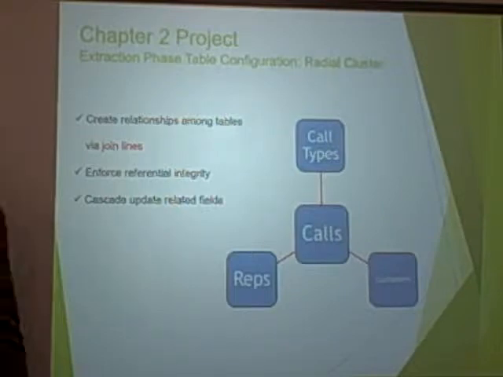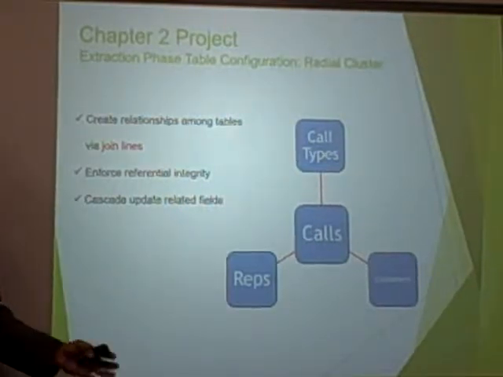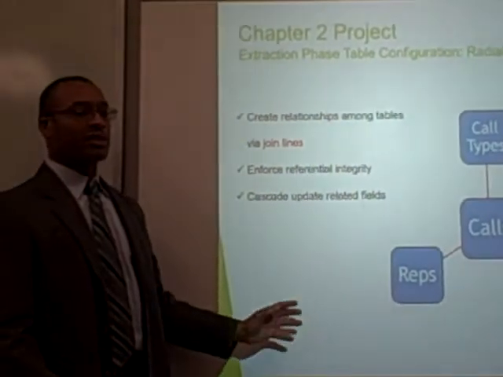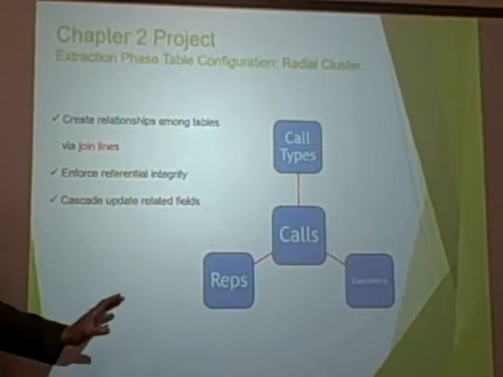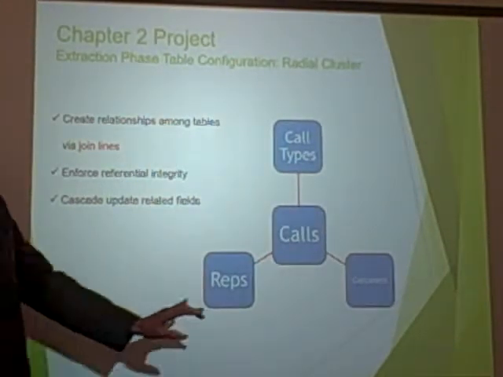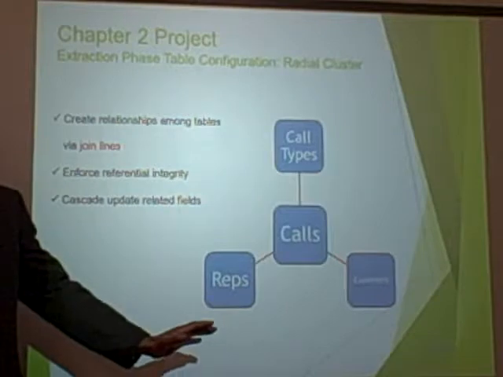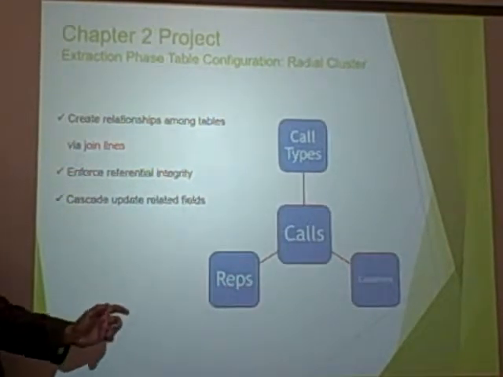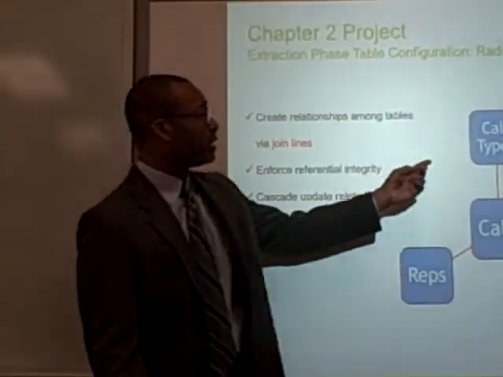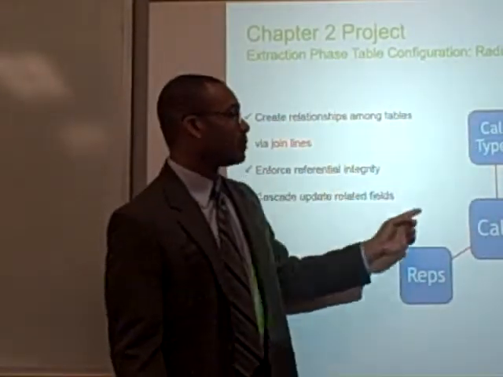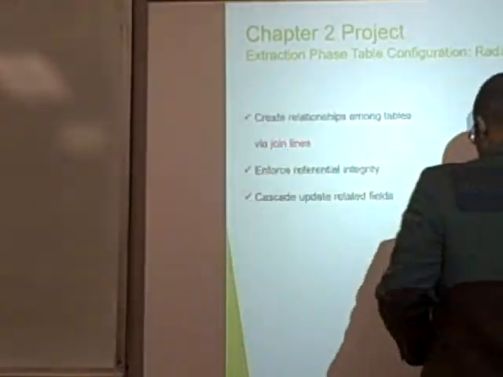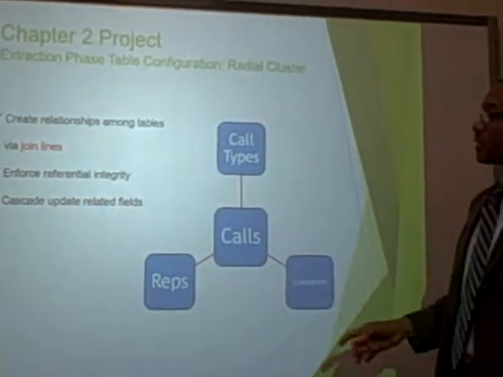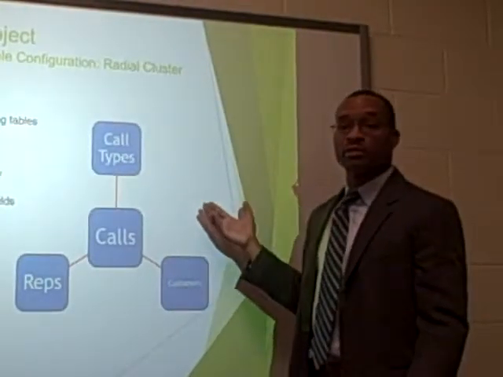As we take a higher level view of the configuration of the tables, this hopefully makes it a little clearer how the tables were designed. According to this portion of the project, the Calls table was the main table, and the other three tables that had the primary keys are organized around that. We created relationships among the tables, illustrated by the three red lines, the join lines as they're more commonly referred to.